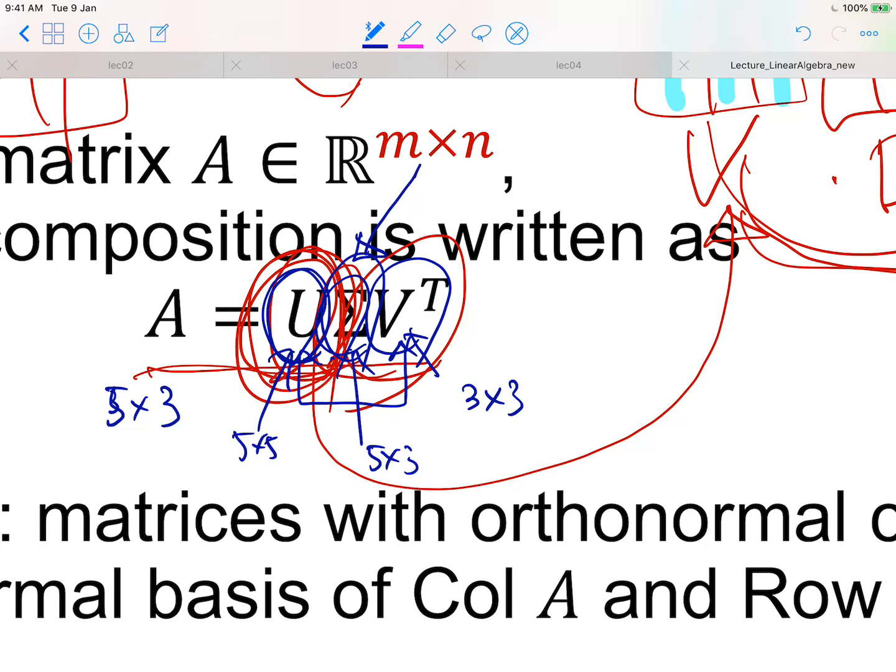But as I mentioned maybe a month ago or so, if the two vectors have almost zero angle, they can cause some instability. They make our computations unstable, right?